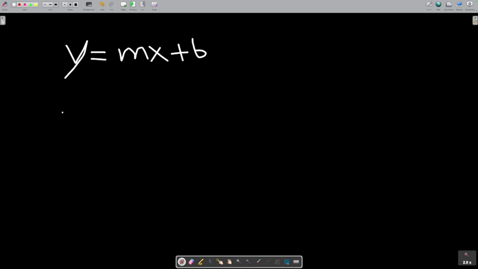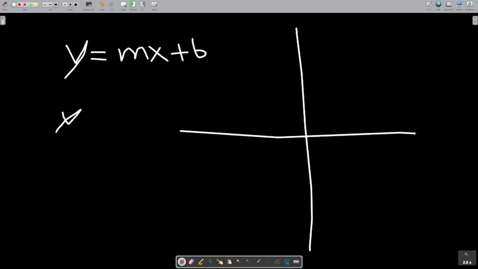Now, y would be the value on the y line. Here we've got a graph. This horizontal line is the x line, and the y line is this vertical line. So if y is 5, that means it's going to be 1, 2, 3, 4, 5.